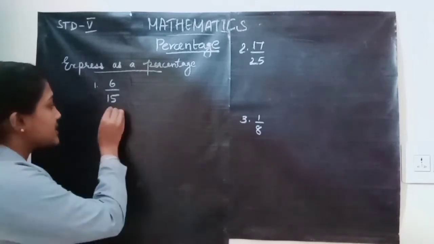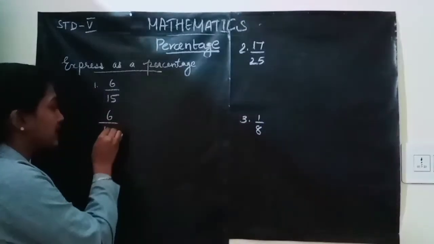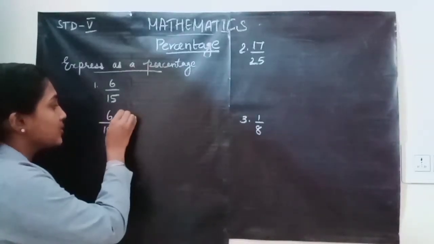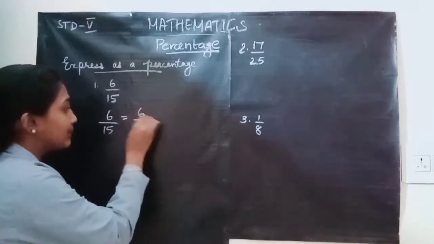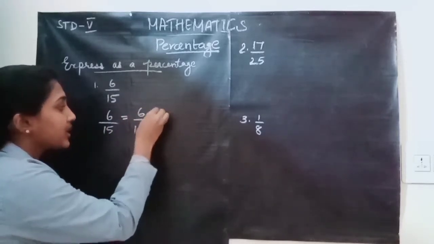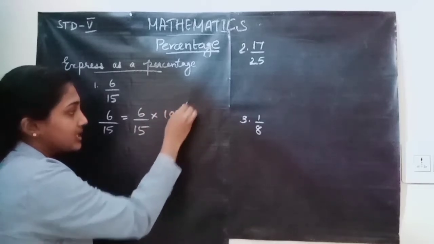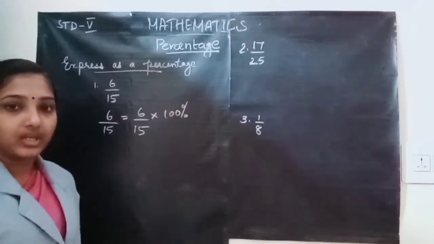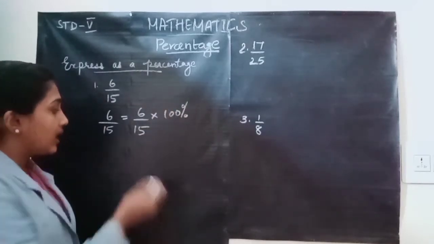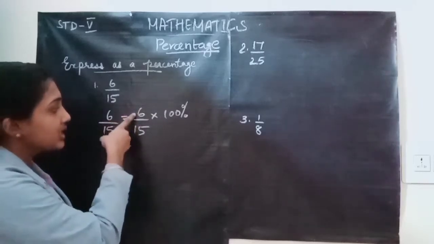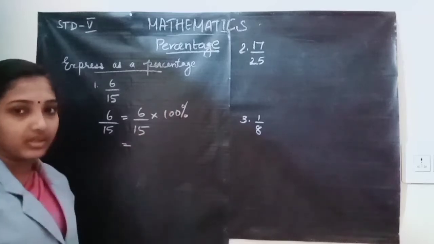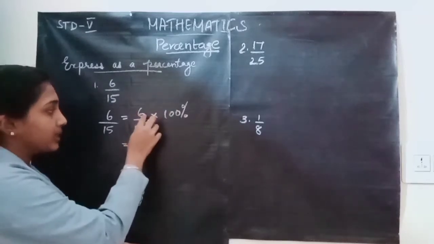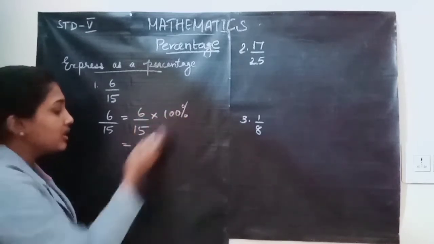Okay. So let's do it. So it is 6 by 15. To represent it as a percentage, we'll multiply it with 100%. And to do the multiplication, we just multiply the numerator of the given fraction into 100.